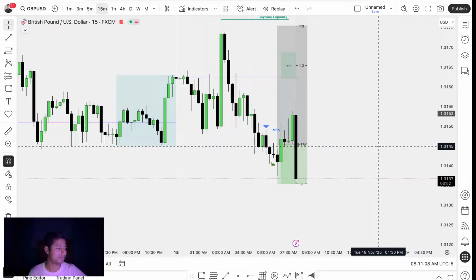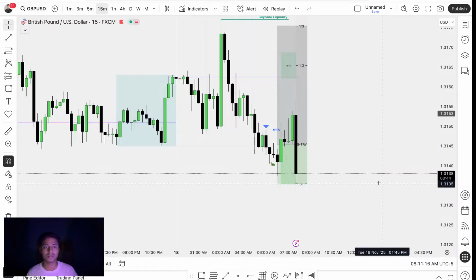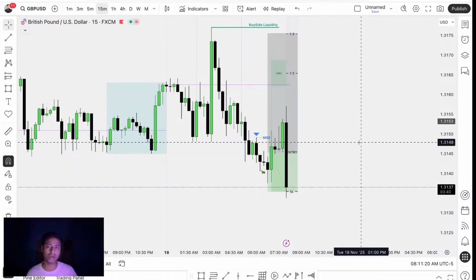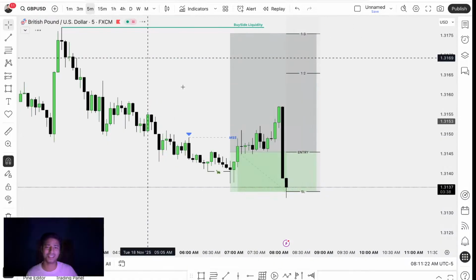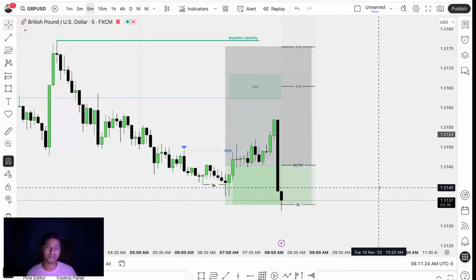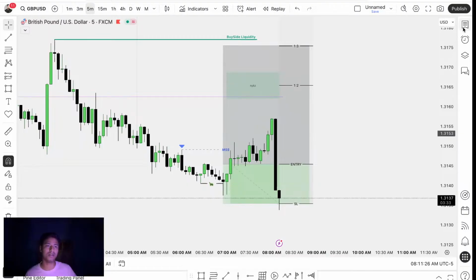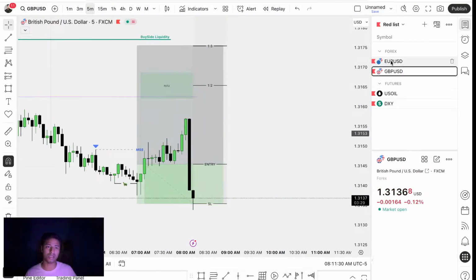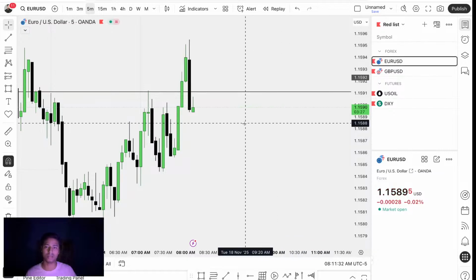Okay, just checking. Maybe it can do a break of structure again. I just want to watch it. Maybe we can see a setup on EURUSD, because the SL would be much larger on GBPUSD.